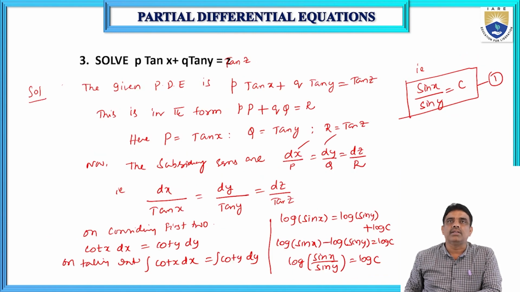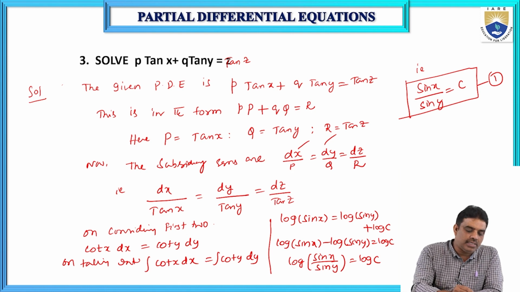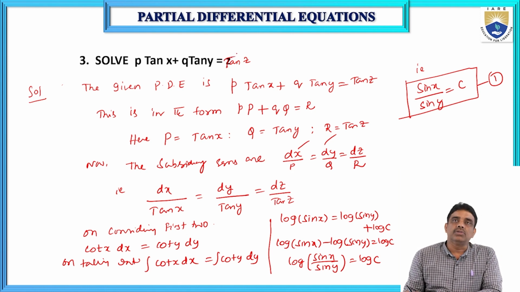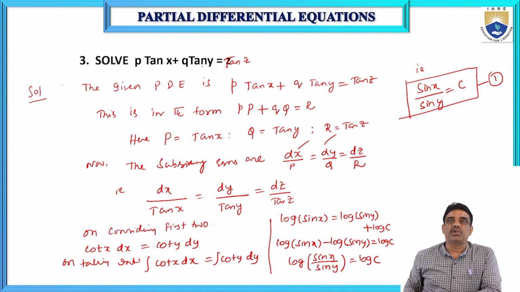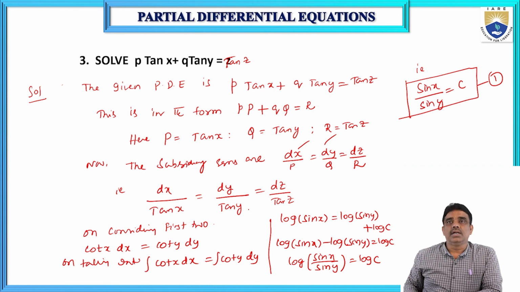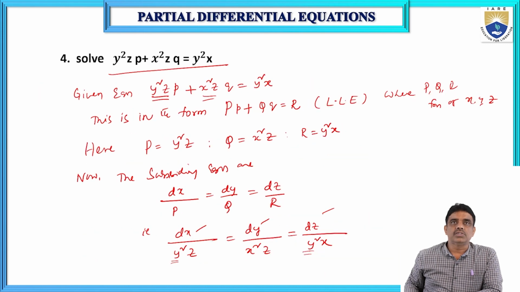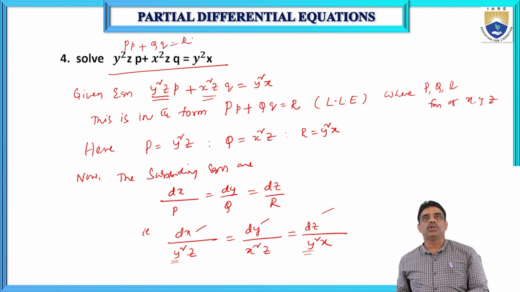And here it is also in the form P tan x plus Q tan y is equal to tan Z, not Z, it is tan Z. Then on writing small p, capital P, capital Q, capital R, and taking the first two one time and the last two another time, we will get the two solutions, and the combination of the two solutions will be the final solution. Similarly, this is also capital P small p plus capital Q small q is equal to R. So all are this model only.